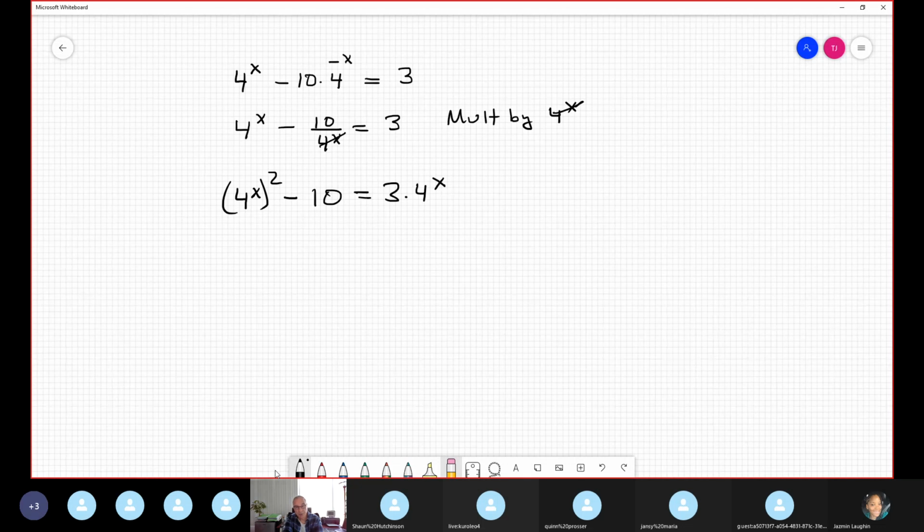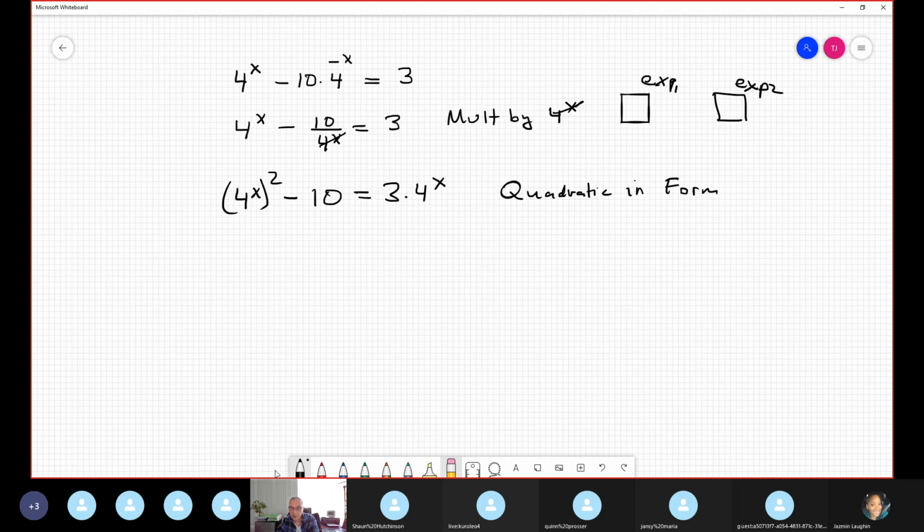Okay. So, I realize in this moment that this equation is quadratic in form. Remember, quadratic in form is an equation that contains one expression and another expression, but the exponent, exponent 1, exponent 2, the bigger one is twice the smaller.